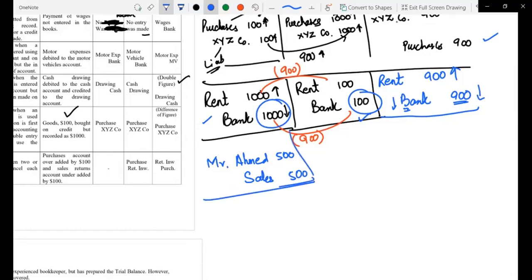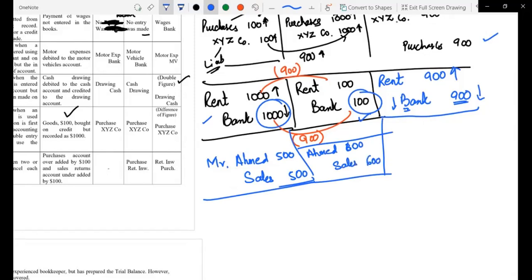Ahmed 500 debited and sales 500 credited. But what happened basically? Ahmed was debited by 600 and sales was credited by 600.